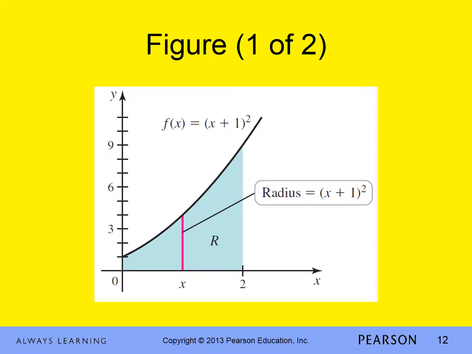Okay, so here's a function, and we could take this region R, revolve it around the x-axis, and at x we're going to create a circle for the cross-section, and f of x then will be used in our volume of solid of revolution formula.